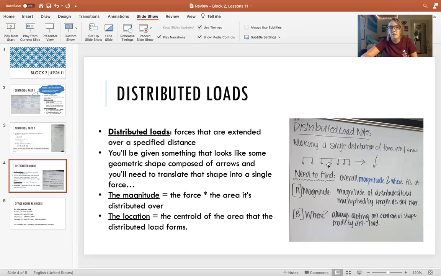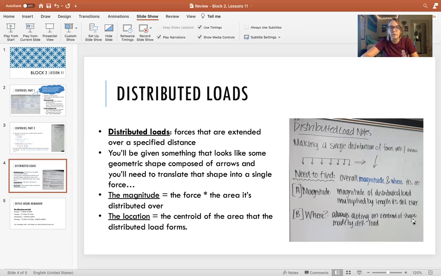You don't necessarily care about the y position of the centroid in a distributed load case because a force has a line of action and the line of action is infinite. So you really only care about the horizontal location, or the perpendicular location from the distributed load.